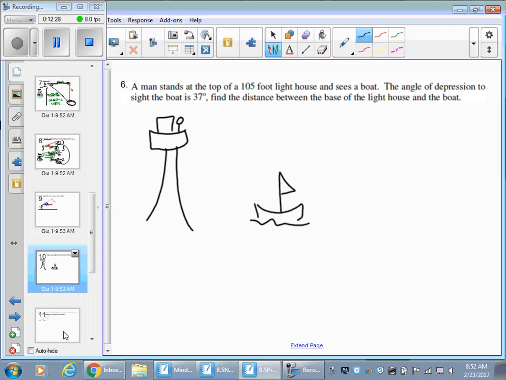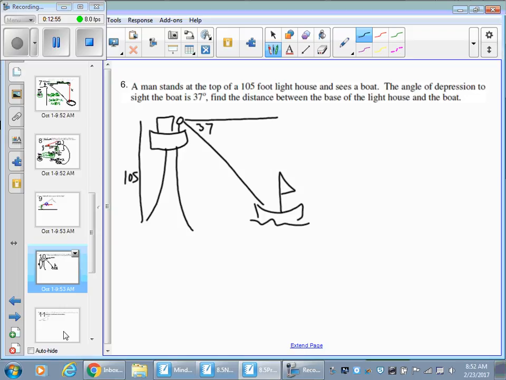He's looking down at that boat at an angle of depression of 37. Well, the height of the lighthouse is 105 feet. This is 105. And he's looking out and down at an angle of depression of 37.